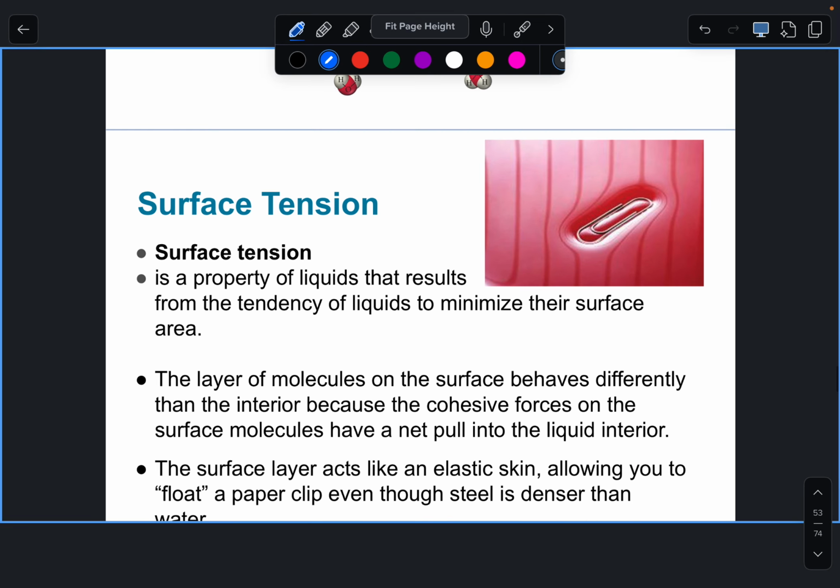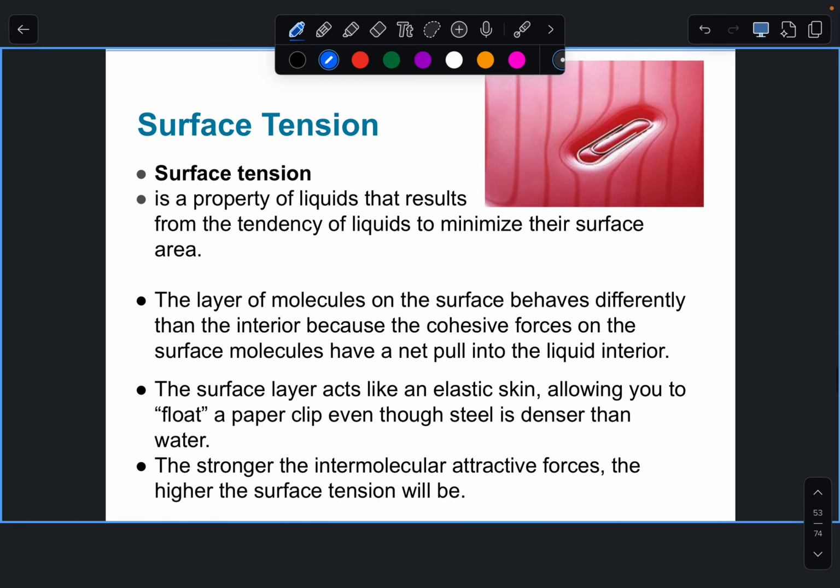Okay. So what we're going to do for the rest of today is talk about a few different properties of liquids specifically that also are affected by intermolecular forces.